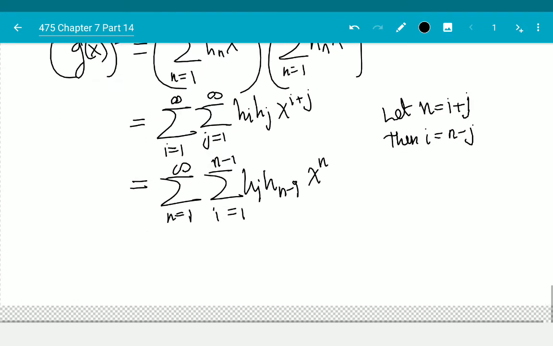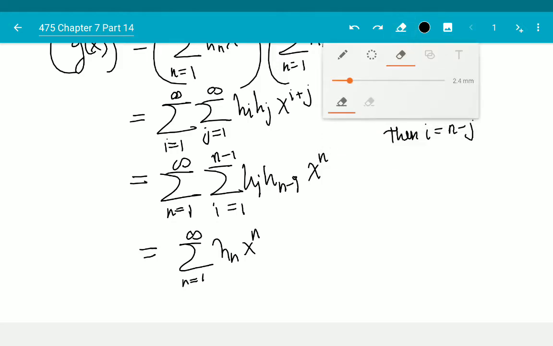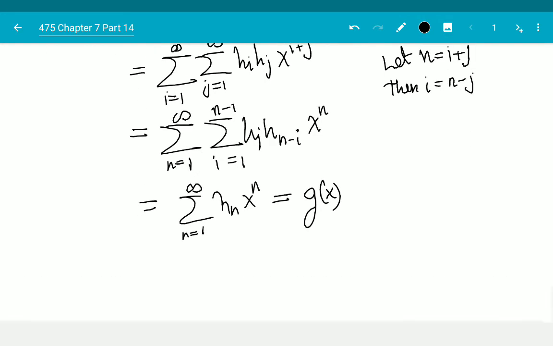Okay, great, which is exactly equal to the summation n is equal to 1 to infinity of h of n x to the n, right? Because I know the summation of h of i times h of n minus i is exactly h of n, and so this is exactly my g of x, right?